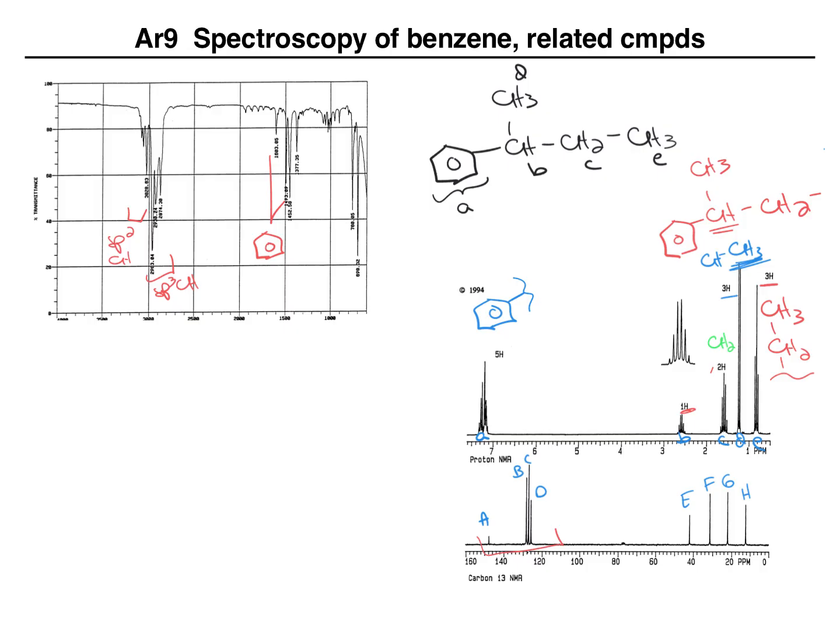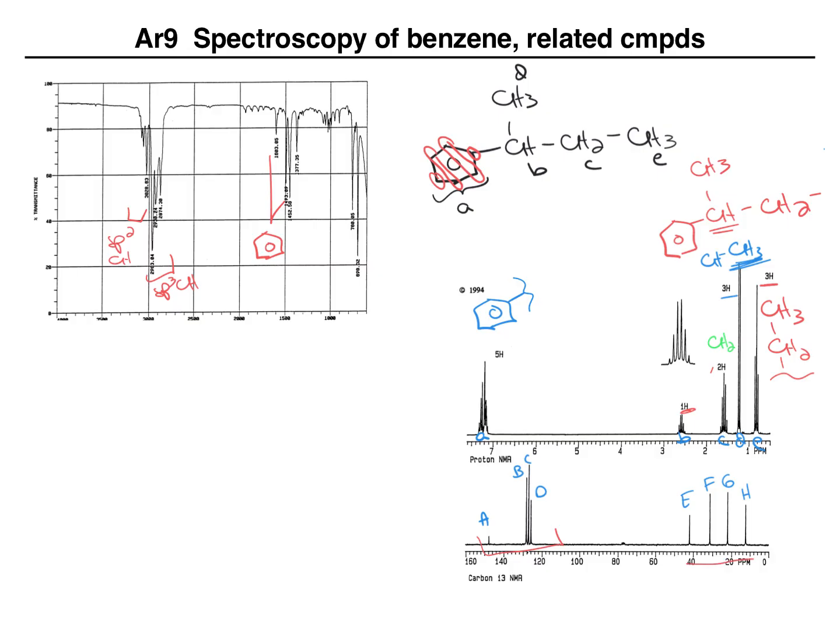So if we have our benzene that is monosubstituted, then we should have 1 aromatic carbon, and then we should have another signal for these 2 aromatic carbons that are equivalent to each other, another signal for these 2, and then another aromatic signal. So 4 signals in the aromatic region that fits with our structure.